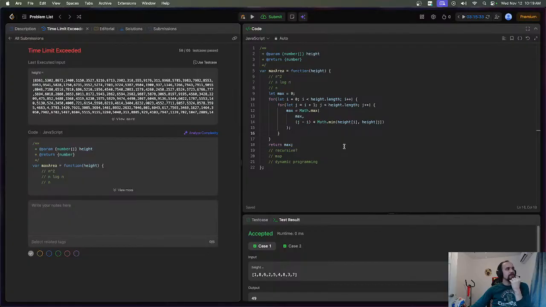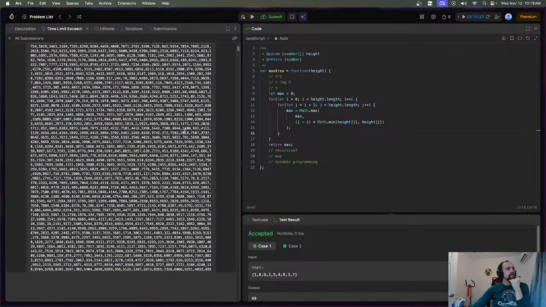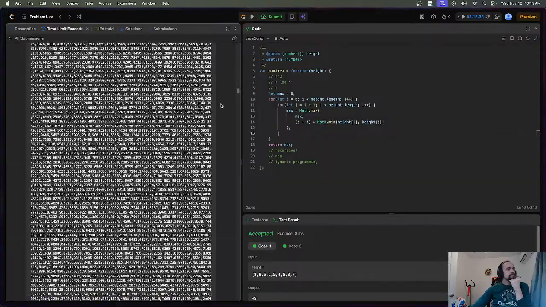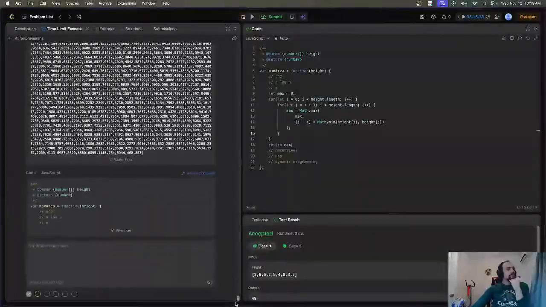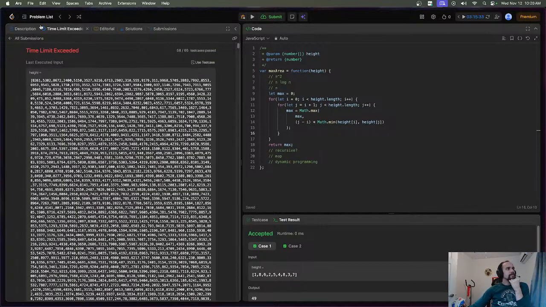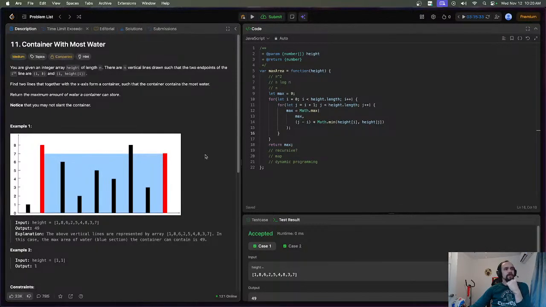If you don't optimize, you won't even get past the test case. So if that's the case, most people are going to have optimized. So the question is how to optimize.